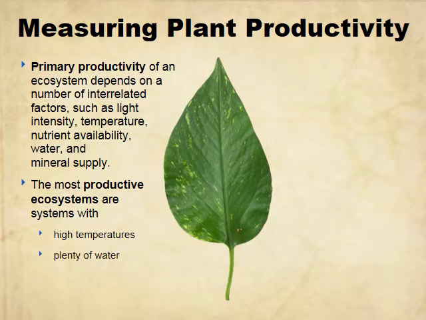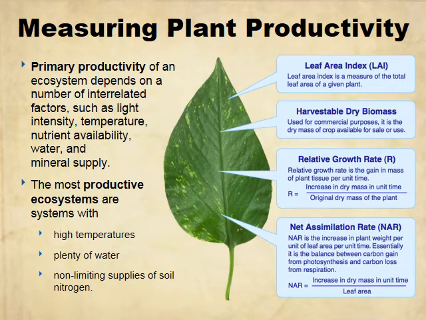Most productive ecosystems have high temperatures and plenty of water and a lot of soil nutrients. If you look over here, it gives you a couple different ways to actually measure plant productivity. We won't be doing any of these in class, but just know there are different ways to measure plant productivity.